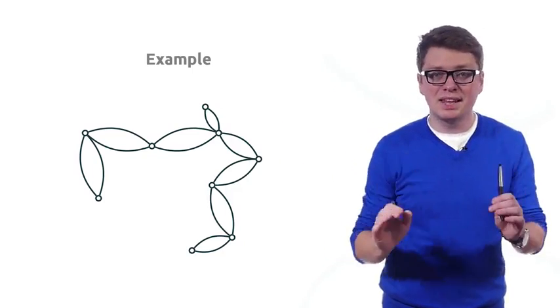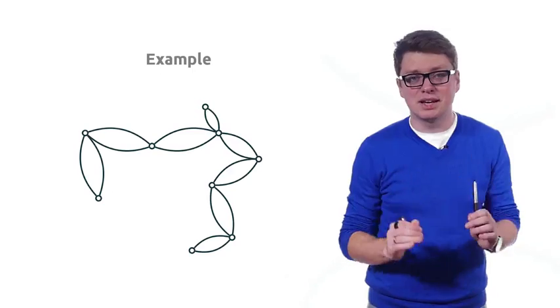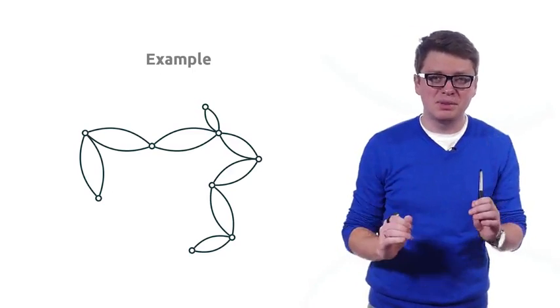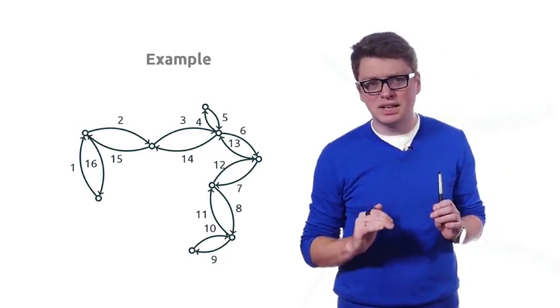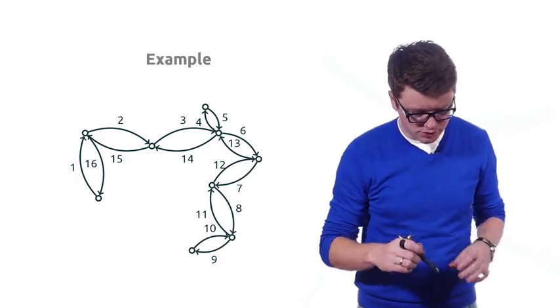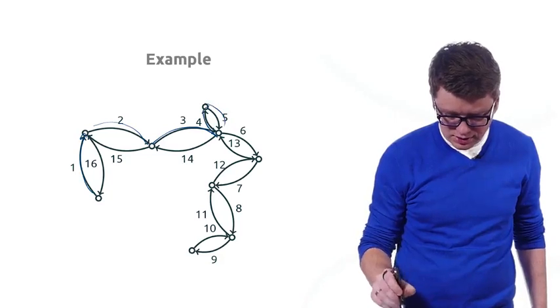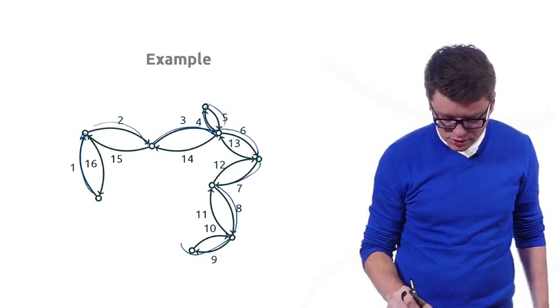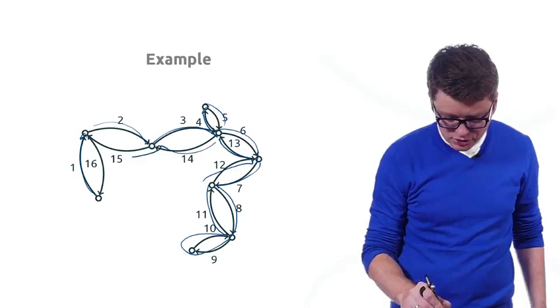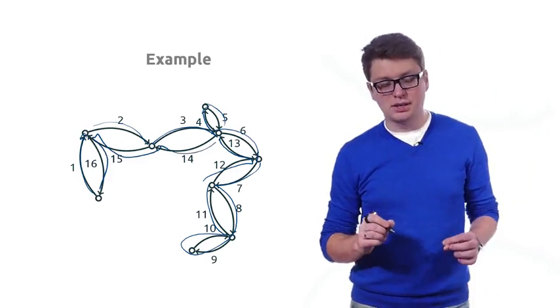In any case, we can construct an Eulerian cycle in a graph somehow, and it can be done very efficiently. Let's consider one such cycle. So for example, we first go here, then here, then here, then here, here, and so on. So we finally traverse all the edges in our graph.